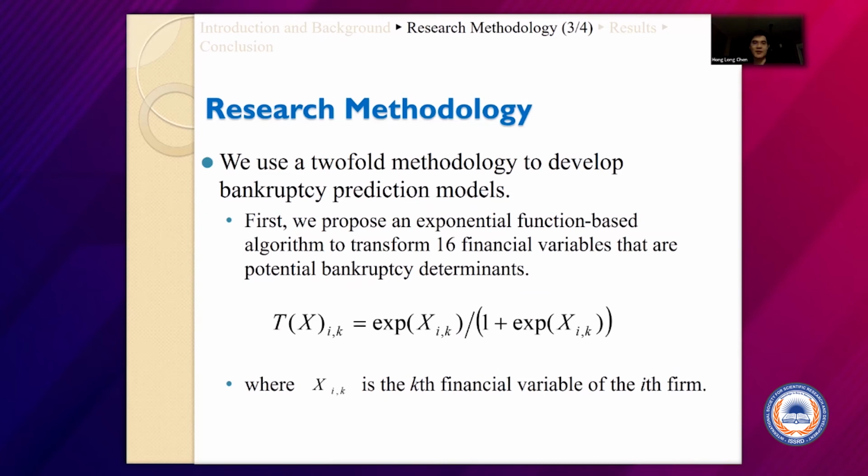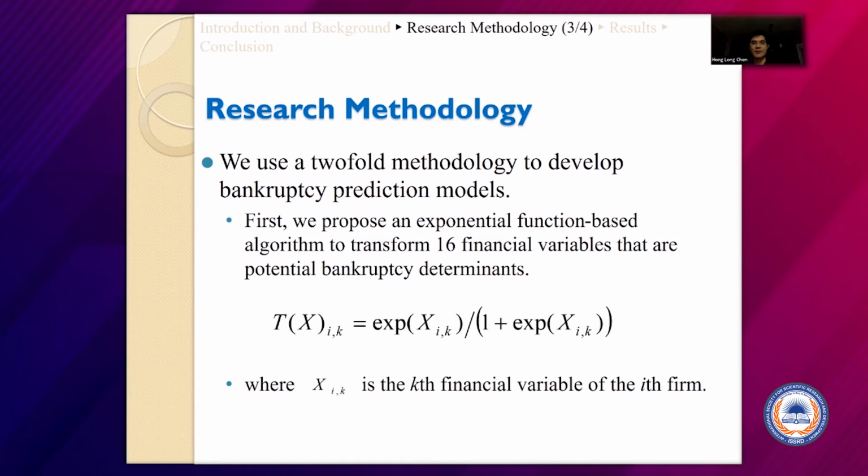The selection is based on literature review. The equation, as you can see right here, is T(x) equals exponential divided by 1 plus exponential, where x_ik is the kth financial variable of the ith firm.